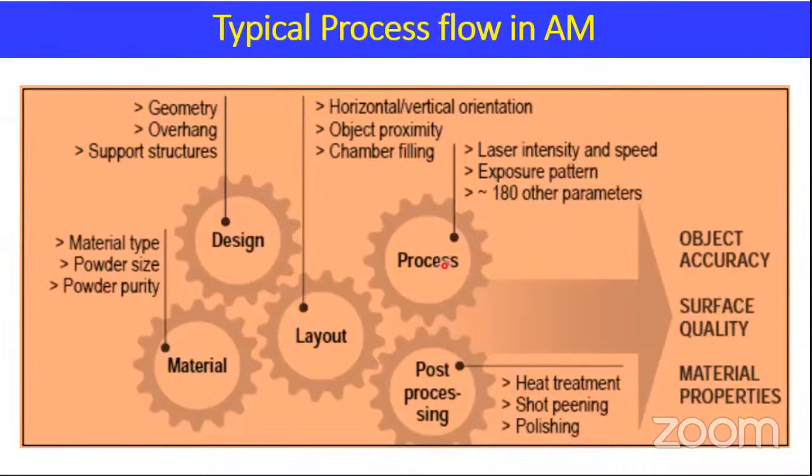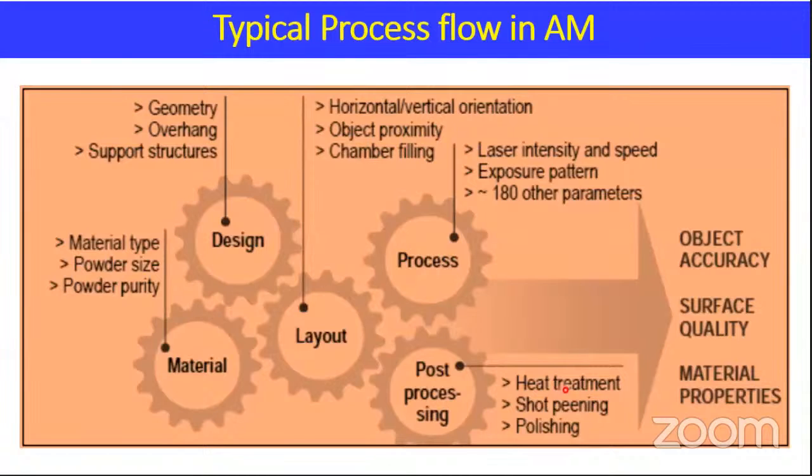And also from the process point of view, this is more specific to the laser based AM route, where we consider laser intensity, speed, exposure pattern, and so on. In fact, close to 180 parameters need to be worried about when we think of the laser based additive manufacturing process. Once we manufacture, we also need to worry about the post processing aspects of this AM technique.